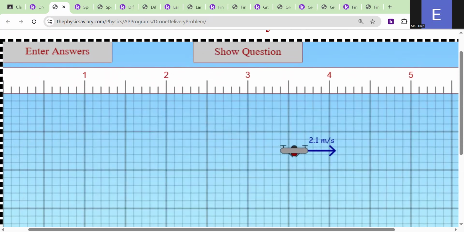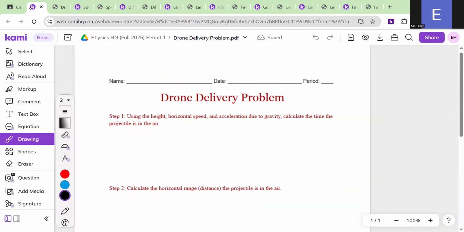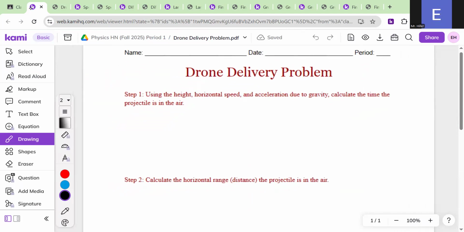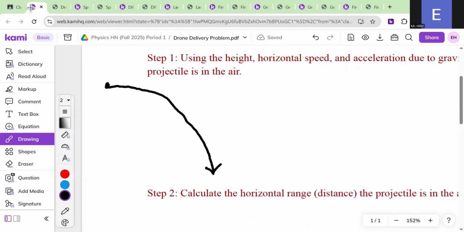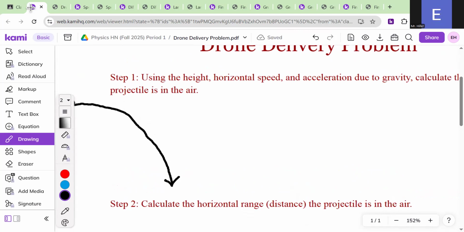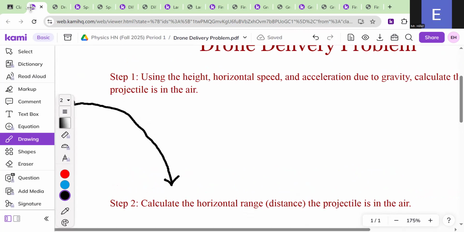When we go to the question, do keep in mind, I'm going to hide the question right here. I'm going to draw the path of the projectile. That's how the projectile will look when it's released. Now, with that said, I'm going to need two lists, horizontal and vertical.